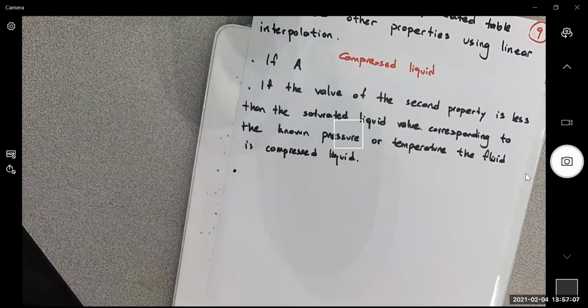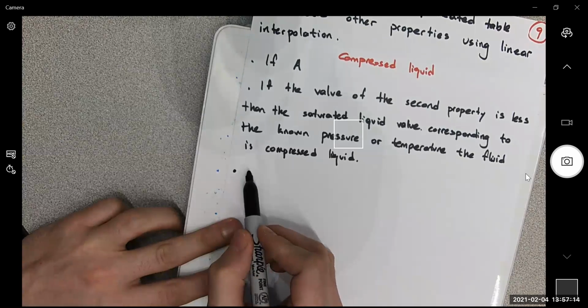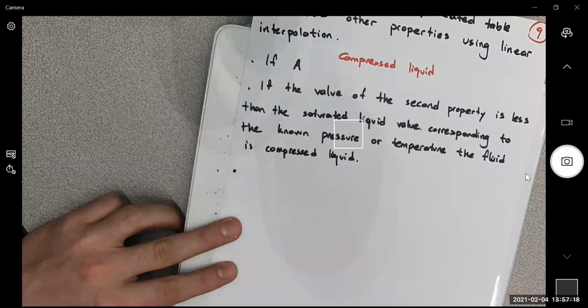For the compressed liquid region, compressed liquid tables may not be available. If available, you go to the compressed liquid table and read the corresponding value. But in most cases, you will not find compressed liquid tables.